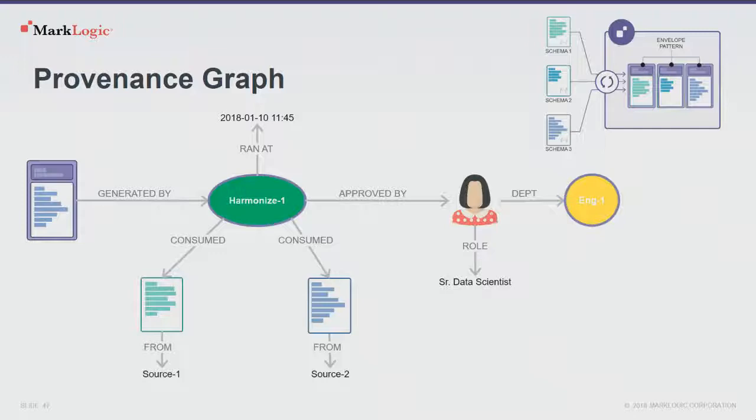Jane is a senior data scientist. She's in engineering. So I can do queries like, well, maybe we found out that Jane is an unreliable character. Show me everything that Jane approved between these dates, and everything that was affected by them, as many steps as you need to take.